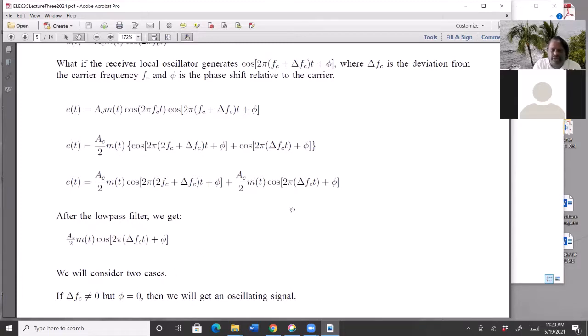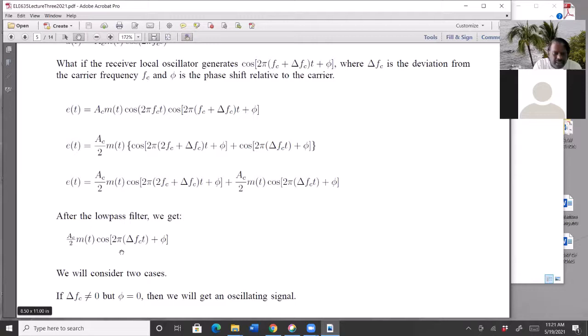Okay. So if we look at this, the first part is still around 2 pi Fct. So when you send this after the multiplication through the low pass filter, you will only get the second part. The first is a high frequency, and the low pass filter will give you this.